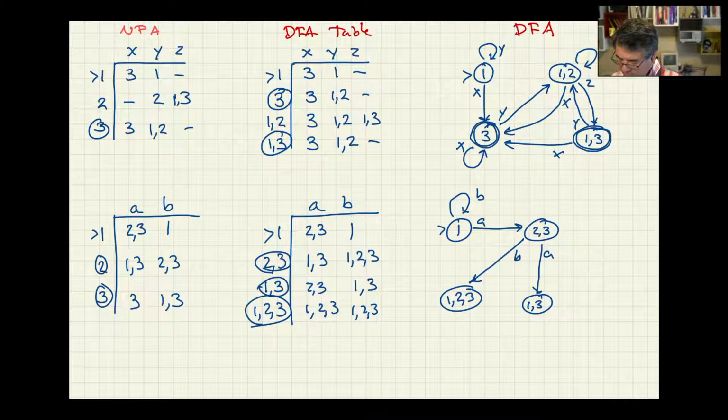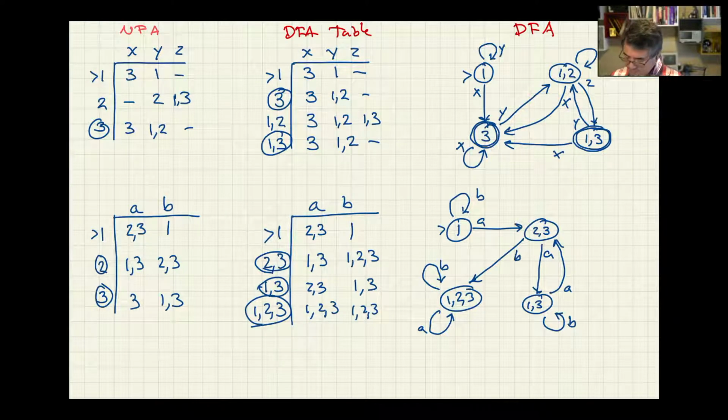Okay, 1, 3 on an A goes back to 2, 3, and on a B goes to itself. And then 1, 2, 3 on an A goes to itself, and on a B also goes to itself. And then here's an accepting, here's an accepting, and here's an accepting. Okay, I think that looks better.